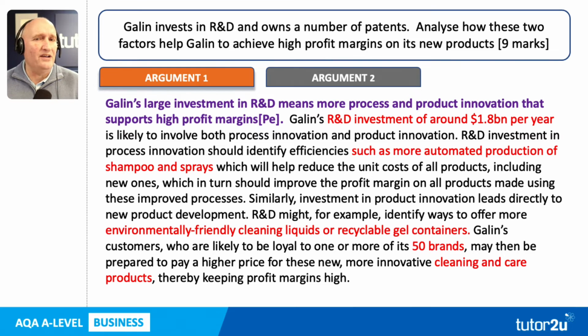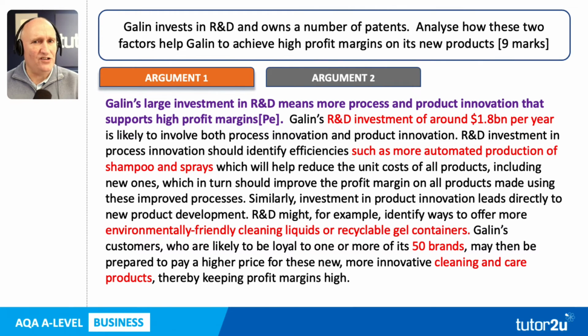Similarly, where I'm talking about investment in innovation for new product development, environmentally friendly cleaning liquids or recyclable gel containers, just insert relevant examples of products into your analysis. I've drawn from the fact we were told it had 50 brands. So I think that one argument is contextualized in the case of Galen.